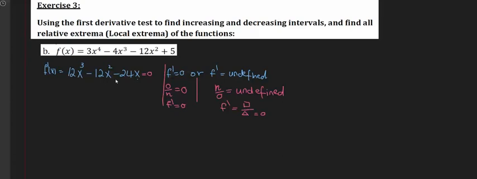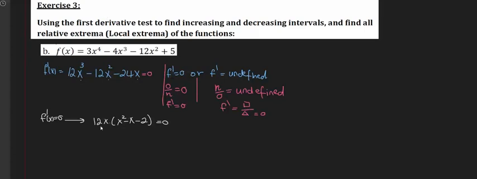Of course, we might note that we have an x in the 3 terms. So for solving f dash of x equals 0, we might take an x as a common factor and the 12 as well. So we will be left with x squared minus x minus 2, right? We take the 12x from here, and then either 12x times this bracket is equal to 0.